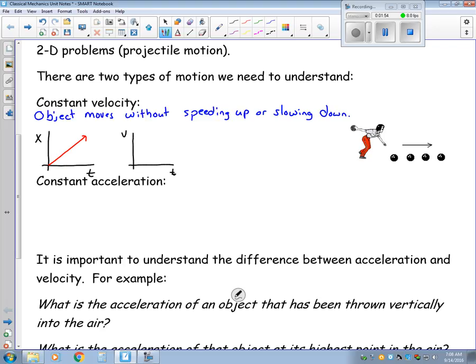If I were to make a velocity versus time graph, I would observe a horizontal line because it's constant velocity. And then an acceleration graph, I would have zero acceleration.